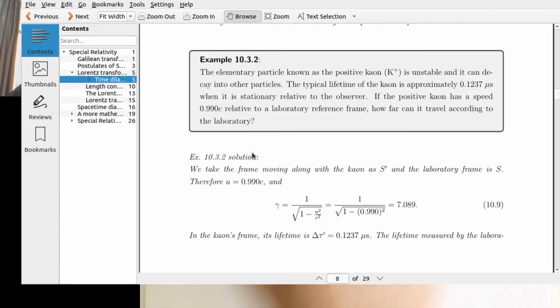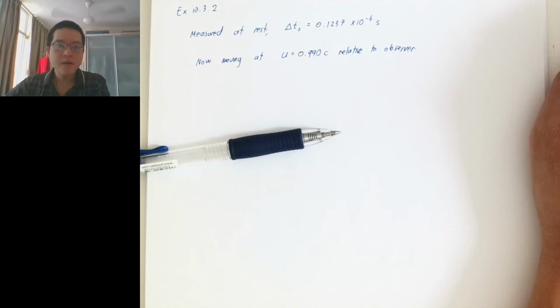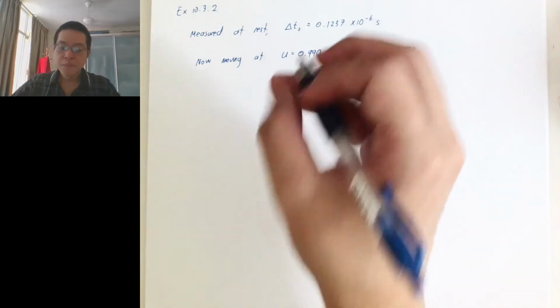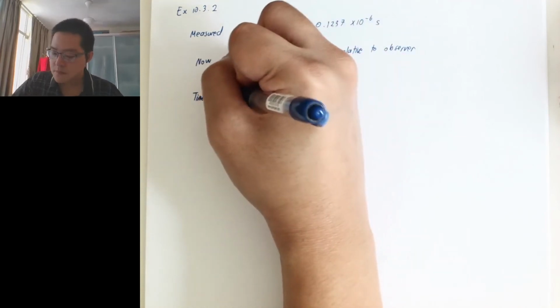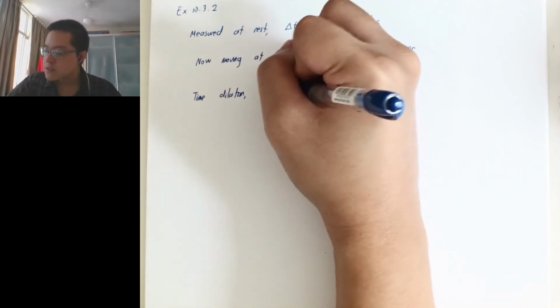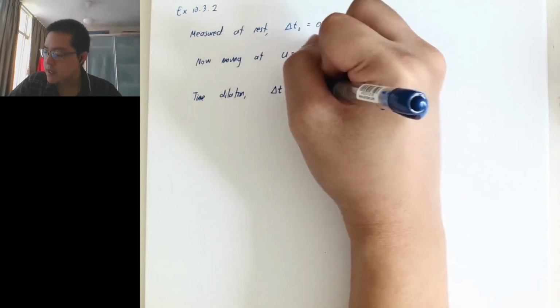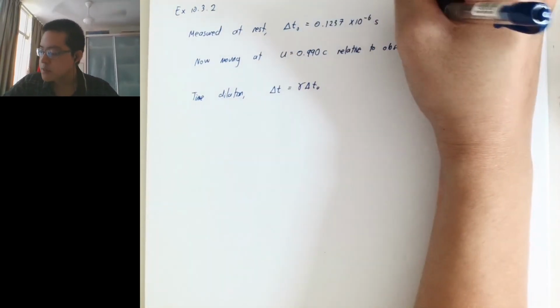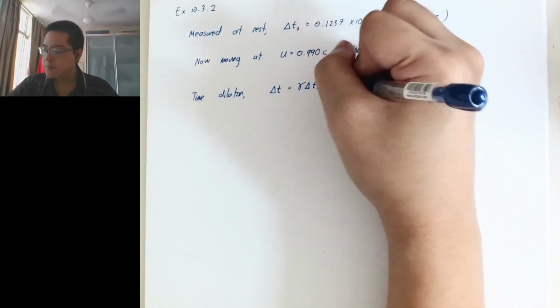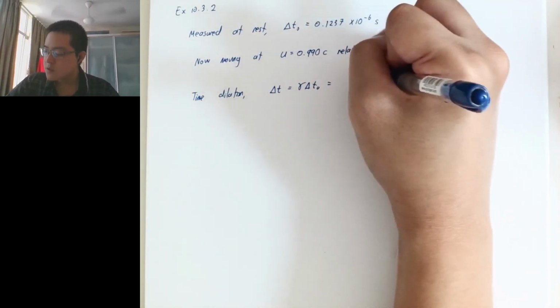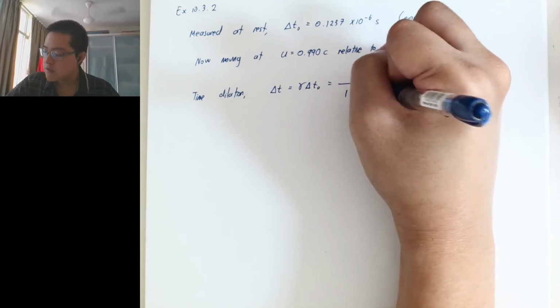So this one is pretty straightforward. We already know the speed, so we just need to know the time to get the distance that it can cover, right? So using time dilation, the time measured by the observer is gamma delta t0, where delta t0 is the proper time. So it's delta t0 over the square root of 1 minus u square over c square.